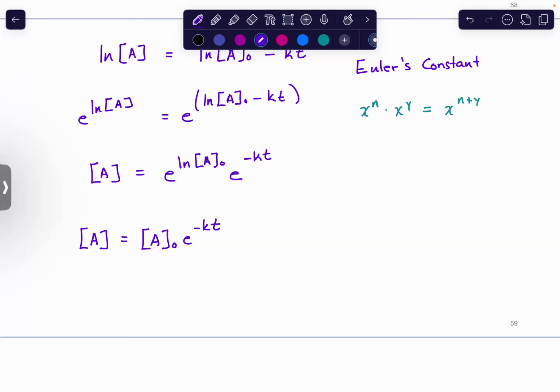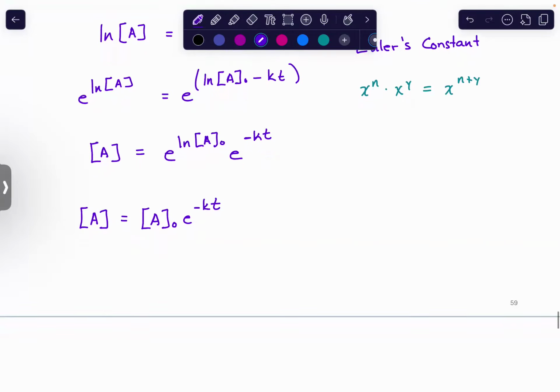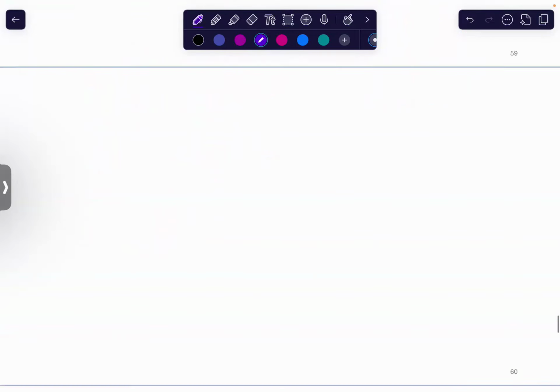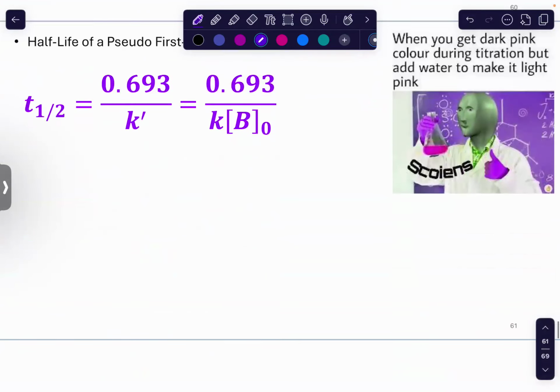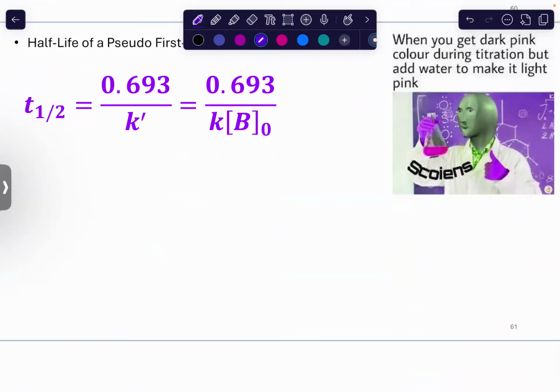Now, the good news is when you get assignments that have this, your calculator has that nice little e button on it, so it'll do it. And so then the half-life.